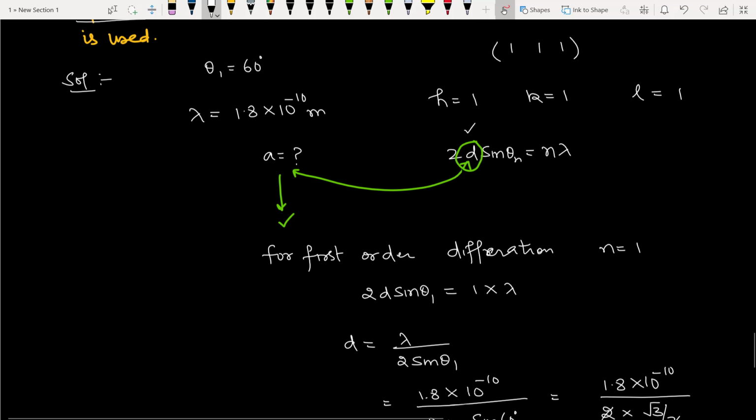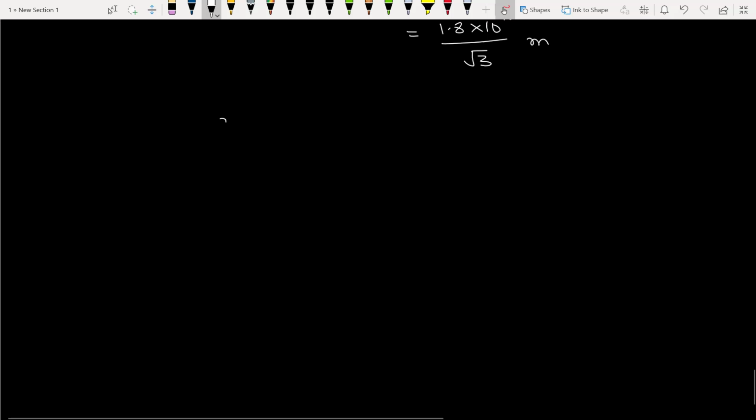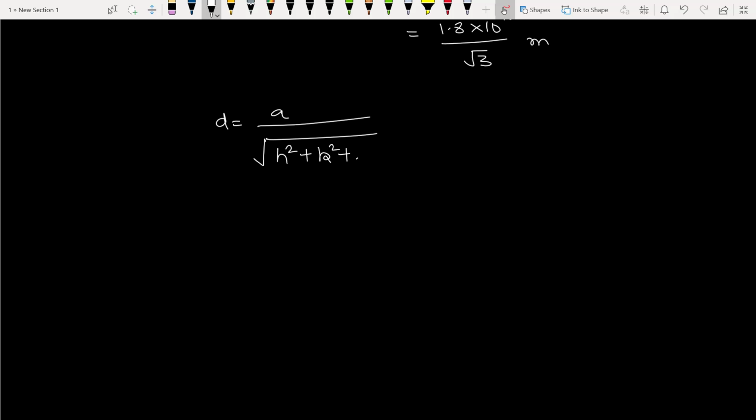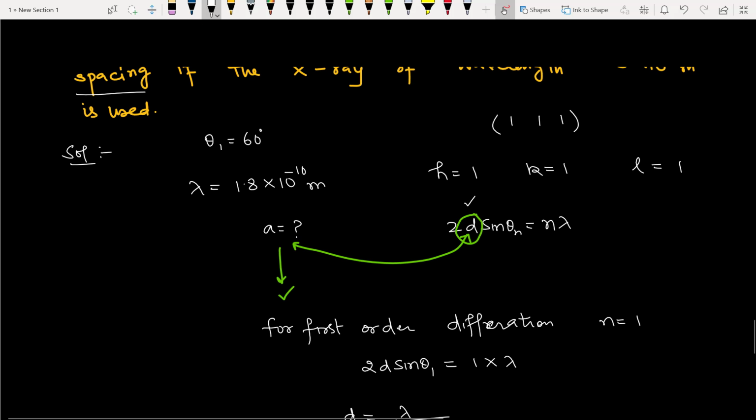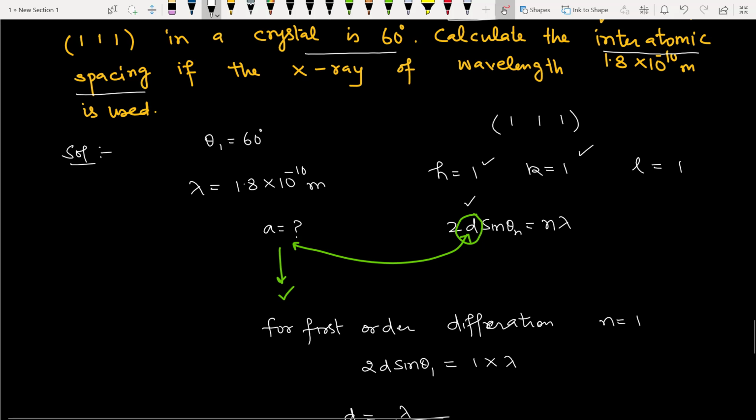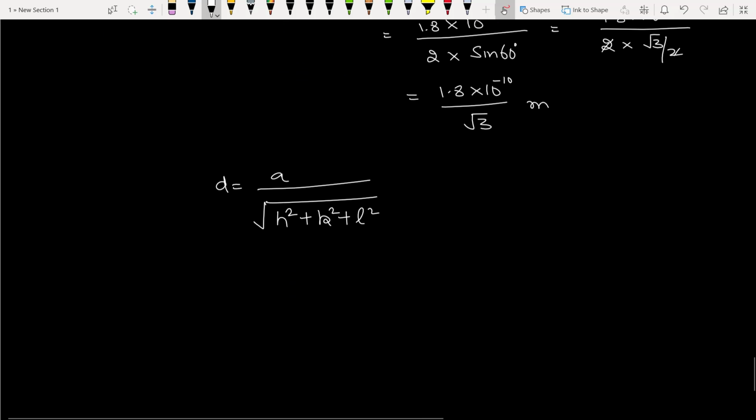Now we will write the relation between d and a. As we know, d is equal to a divided by square root of h square plus k square plus l square, and the values of h, k and l are 1, 1, 1. When we substitute this, d is equal to a divided by root of 1 square plus 1 square plus 1 square.